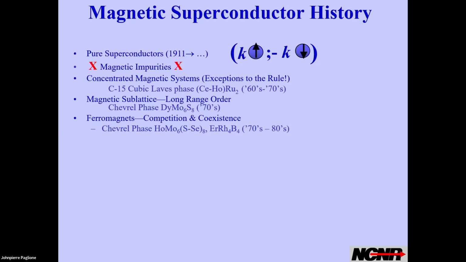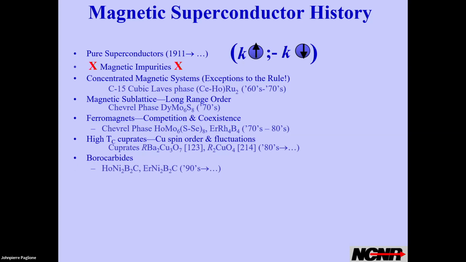And then there were a couple, and I'll show you examples of systems where instead of being antiferromagnetic, they actually order ferromagnetic. And then there really is a competition. And then along came the cuprates, which also can have rare earths in there, and copper can also carry a spin, it turns out. And then the boron carbides, very interesting systems.